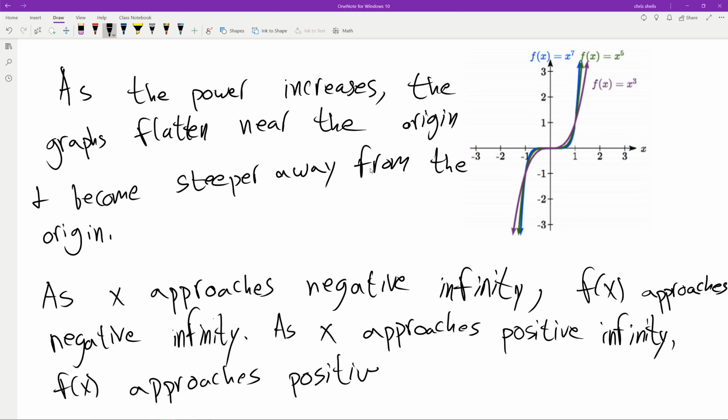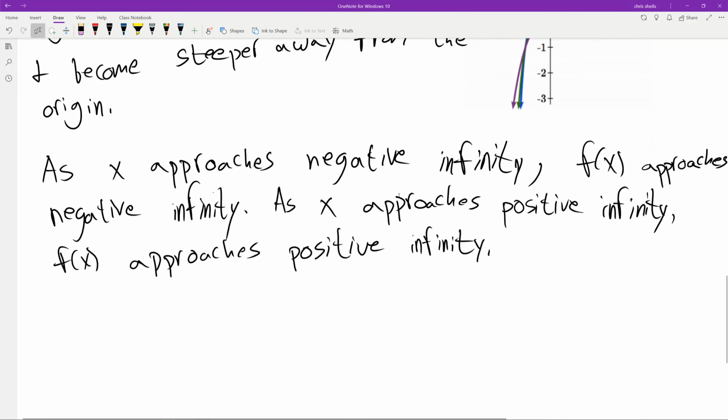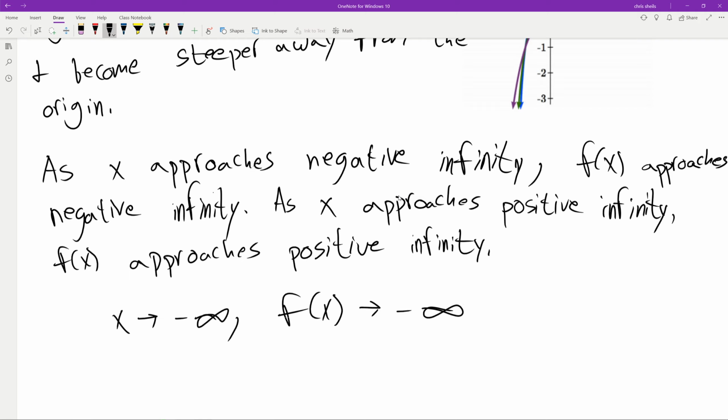In other words, as these graphs are going to the right, they're also going upwards. Symbolically, I would write these two things as: as x approaches negative infinity, f of x approaches negative infinity, and as x approaches positive infinity, f of x approaches positive infinity.